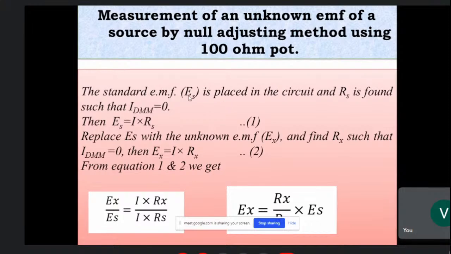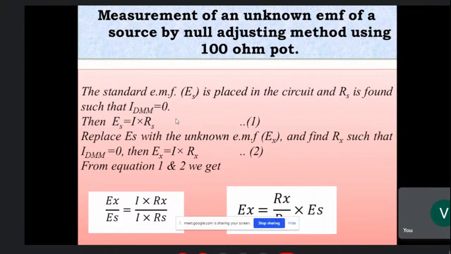If we put a standard EMF and RS is found such that IDMM is 0, that means this is also a null deflection system, or we should say zero current through the digital multimeter.